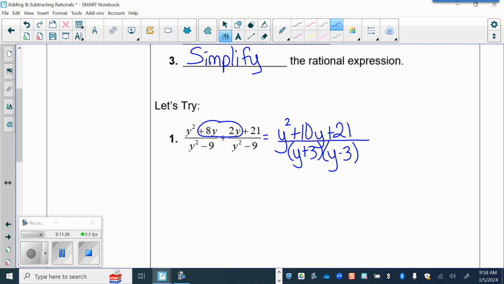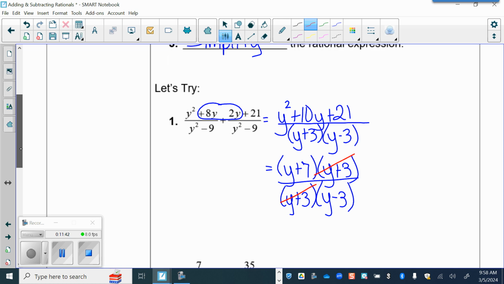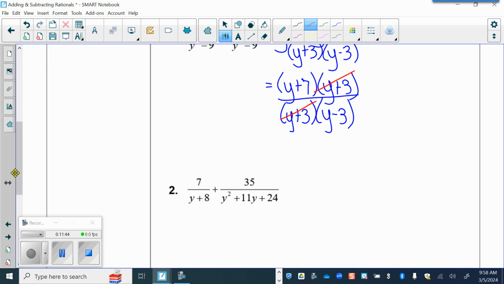Now I have to try to factor that numerator: y plus 7, y plus 3, over my denominator. Does anything eliminate? Yes, the y plus 3's will go, and my final answer will be y plus 7 over y minus 3.